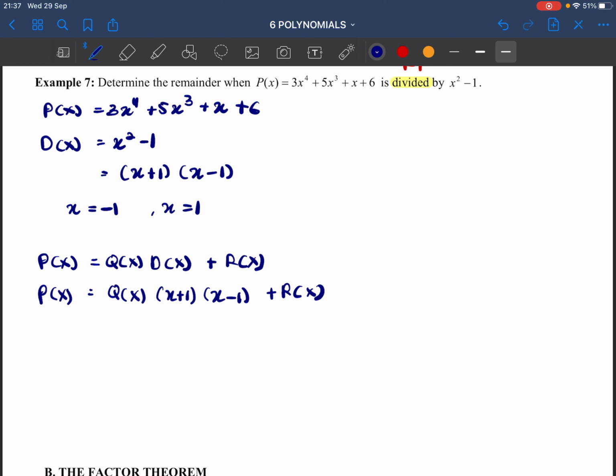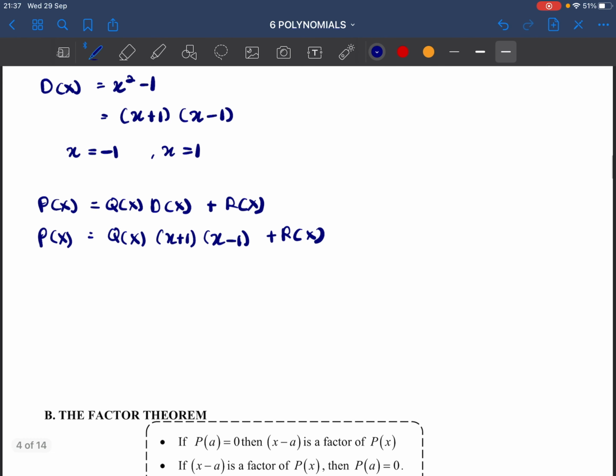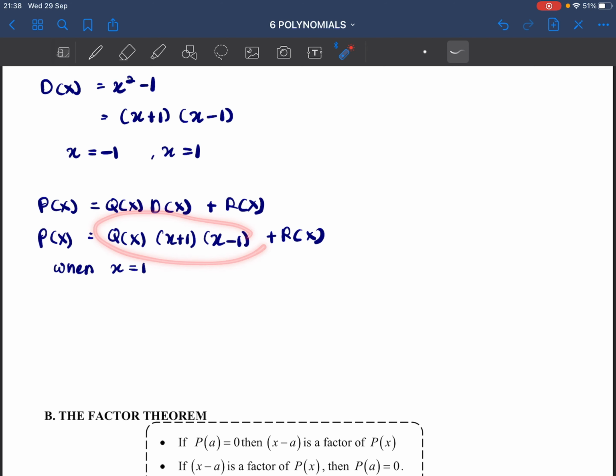Okay, let's say I take x equals 1. So we're going to substitute 1 into all of this part. As you can see, if I substitute 1 into here, this will be 1 minus 1, so all of this will be 0. So again, we are going to come back with P(x) equals R(x).